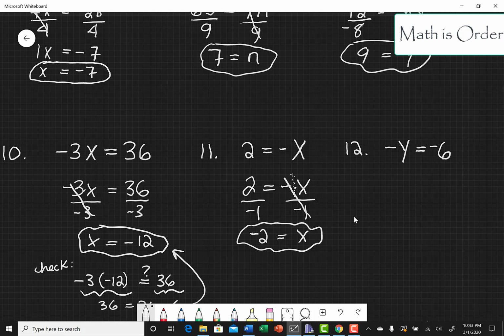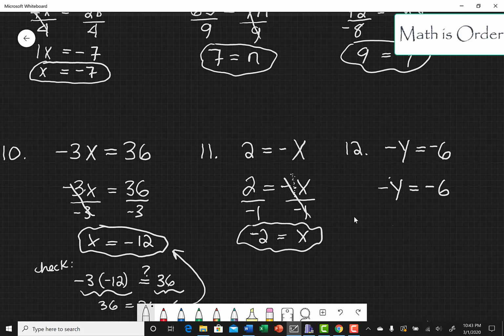Right. Number 12, same thing. We don't quite have y by itself yet. We still have to get rid of that negative. How to get rid of that negative? No, you can't do that, because that's not going to make that negative go away. These are not like terms, you see. So you can't add 1 on both sides, because 1 is not a like term with -1y.